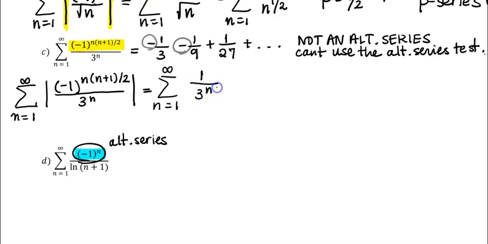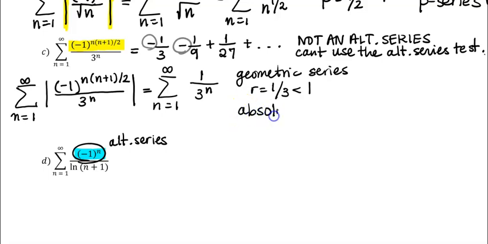In the denominator, the absolute value of 3 to the n is simply 3 to the n. So when I apply the absolute value, I simplify it down to a very simple geometric series where r is equal to 1/3, which is less than 1. And so I do know that the series is absolutely convergent. Because when I apply the absolute value, the series converged.